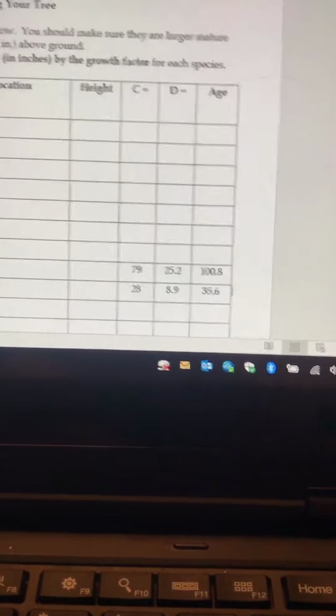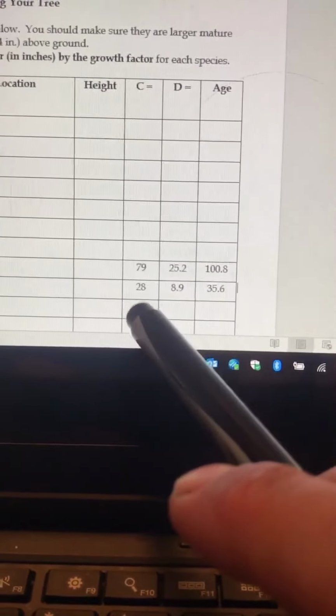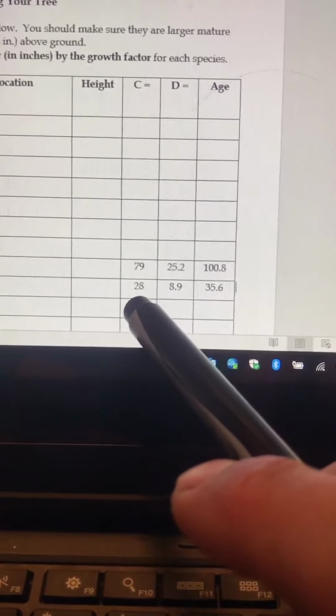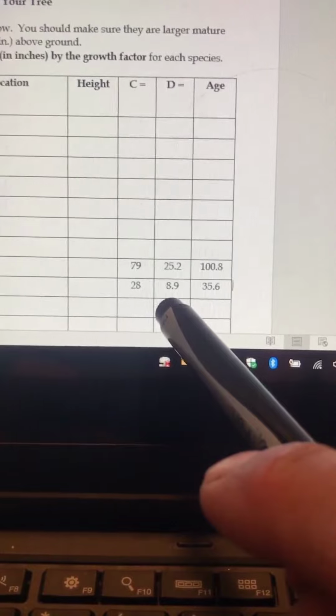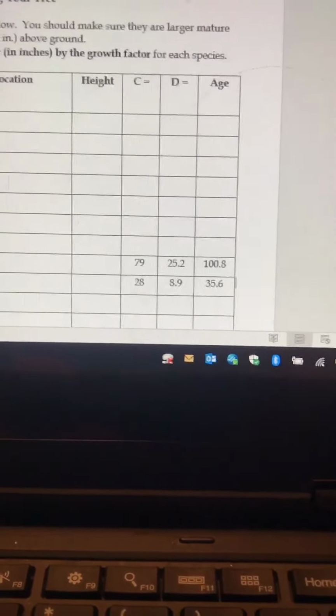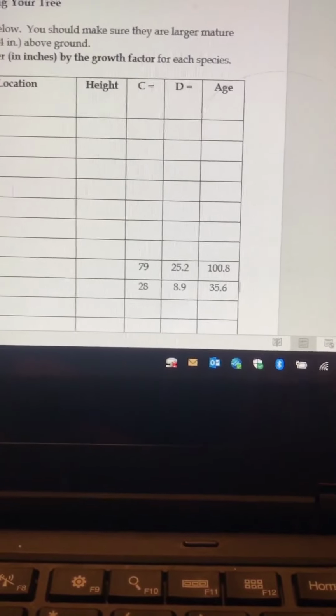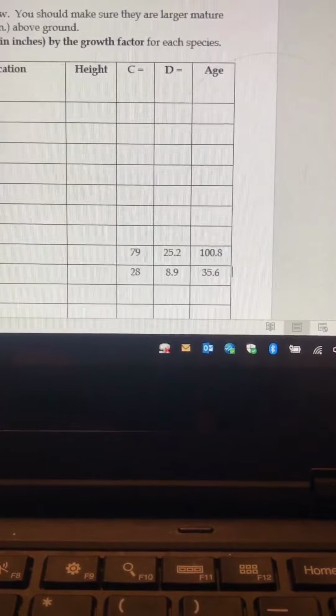I would say that's probably pretty accurate, but then again, here's the stump. The stump was 28 inches in circumference, which gives me a diameter of about 8.9 inches, and when I multiply that by the growth factor, I only get 35.6 years old.